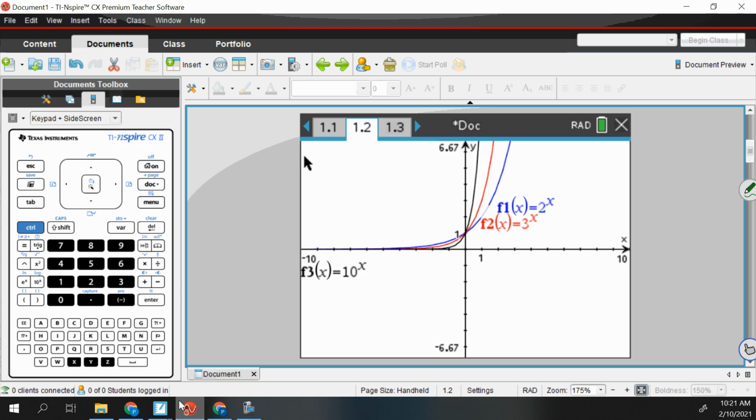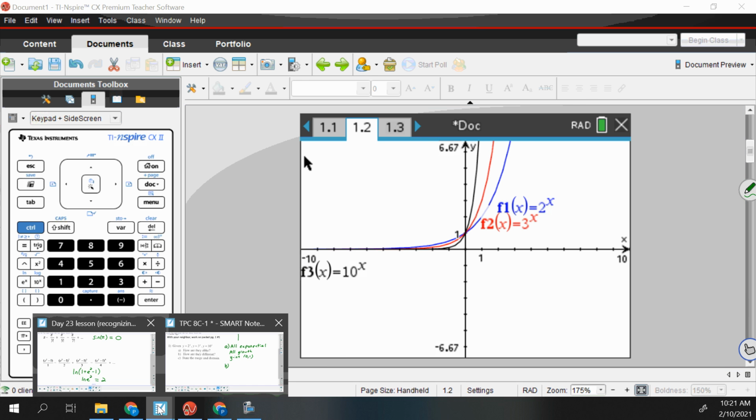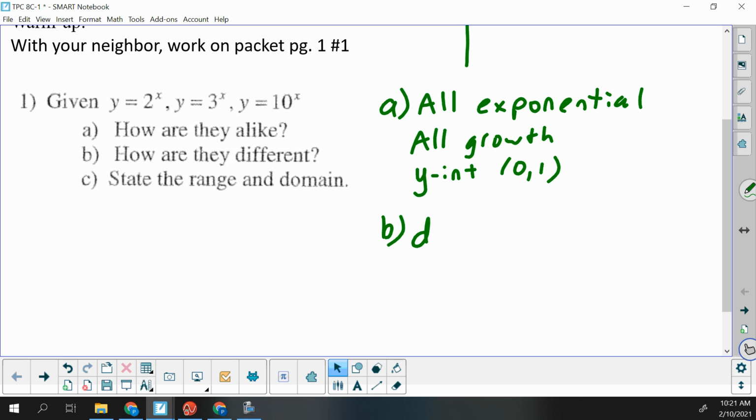Well, they all have different bases, so they all have different growth rates. The 10 to the x is steeper than the 3 to the x, which is steeper than the 2 to the x. So we're going to say different bases, growth rates.